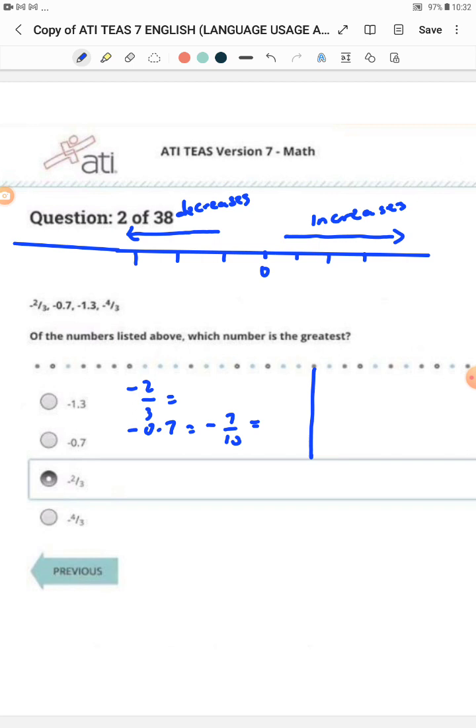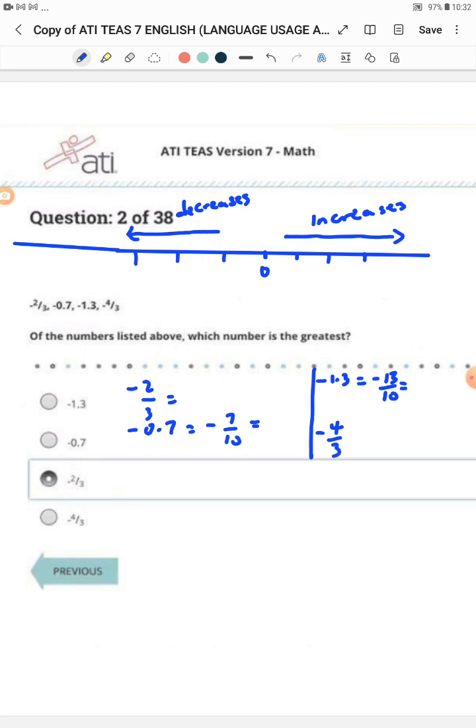And then we have -1.3, which can also be written as -13/10 if you change it to a fraction. And then -4/3.